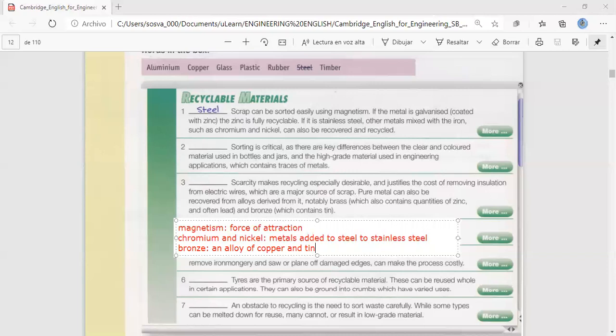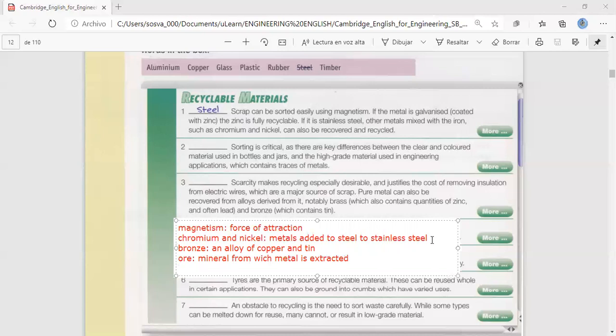And another word that you have to know here, que verás aquí, is ore. What is ore? It's a mineral from which metal is extracted. It's like the rock where you get the material, similar to silver.